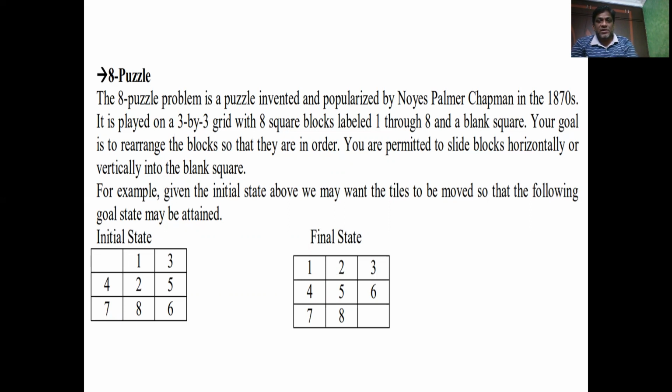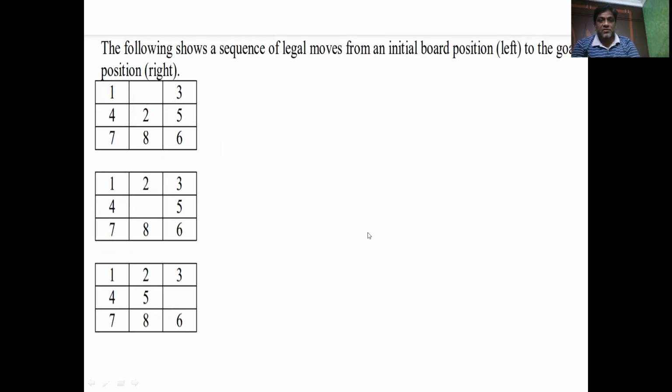So this is a puzzle problem. Suppose you are given this initial state, some random initial state. You must move towards this final state, 1, 2, 3, 4, 5, 6, 7, 8. Okay, let us go through the steps required to identify that goal state.